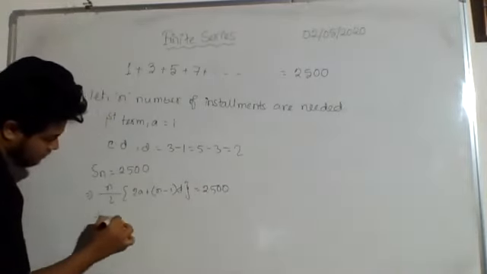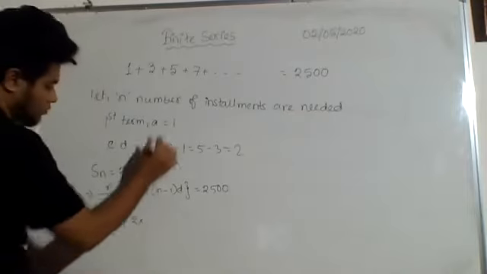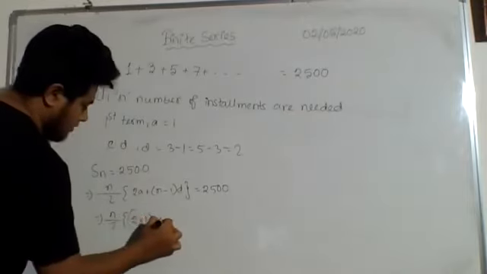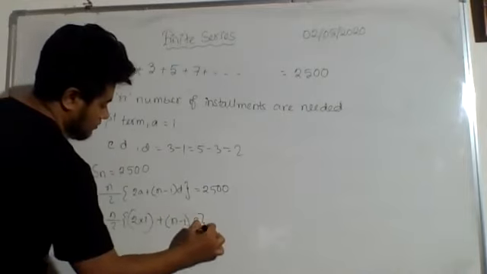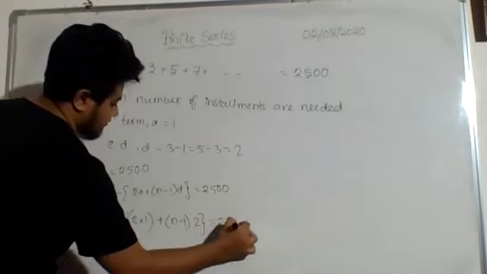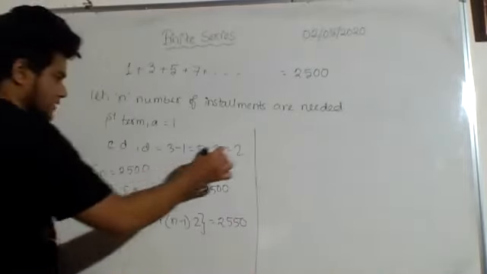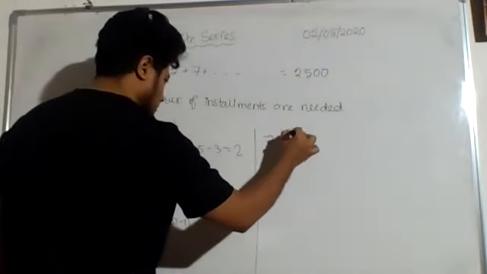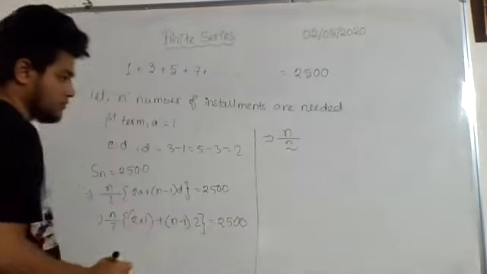So from here we can do the calculation. n by 2 into 2 into a, which is 1, plus (n minus 1), n we do not know, and d is 2, is equal to 2500.